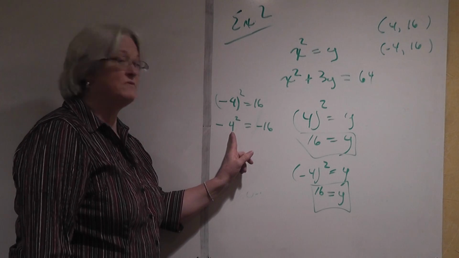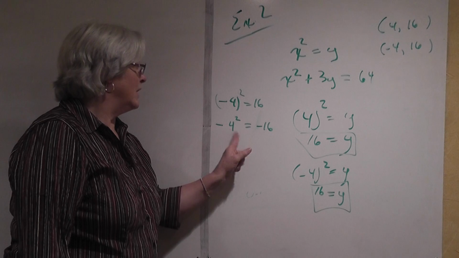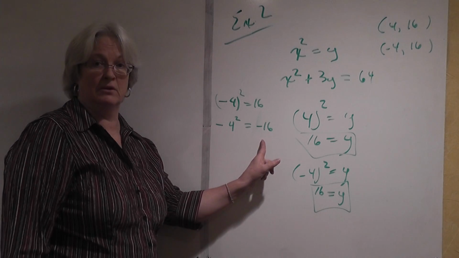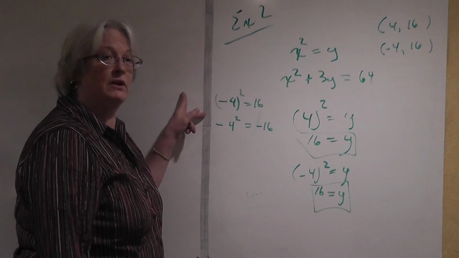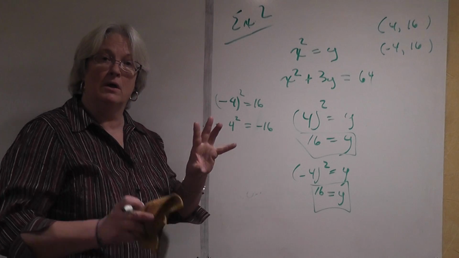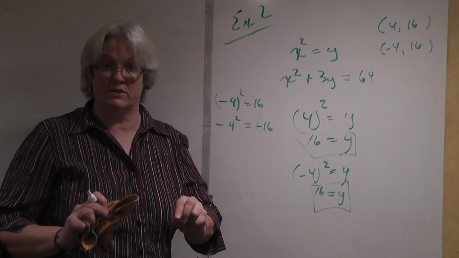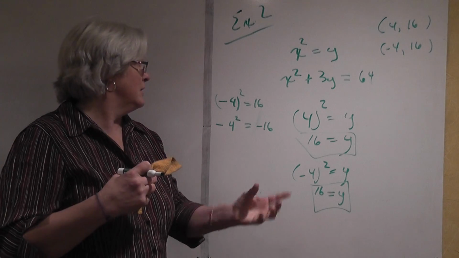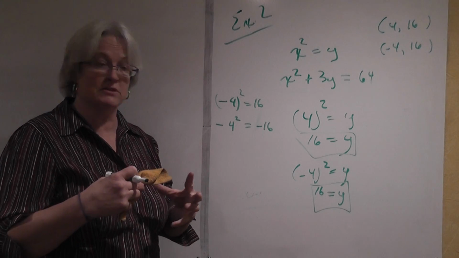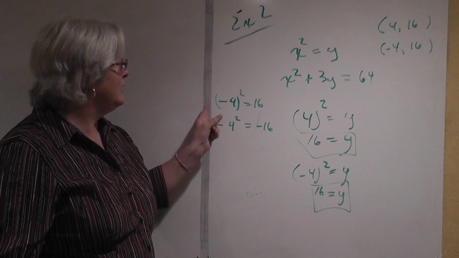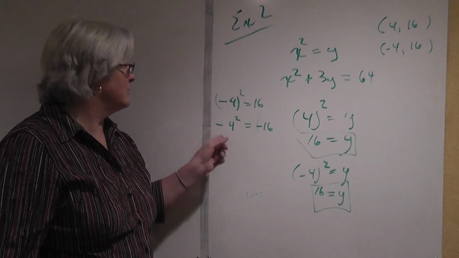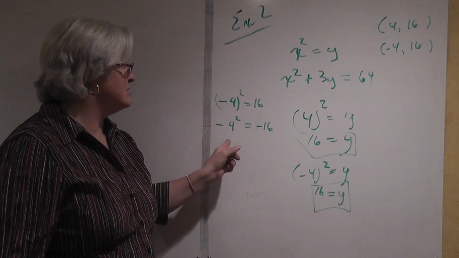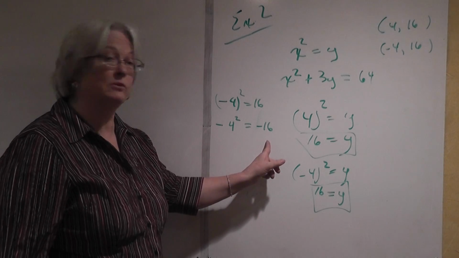In other words, use 4 as a factor twice and then take its opposite to get a negative. This right here is an excellent example of why, when someone asked me in class on Friday, why do we go ahead and put the substitution inside parentheses? It's to make it really clear what you're supposed to be doing, because without these parentheses, you might or might not get the right answer.